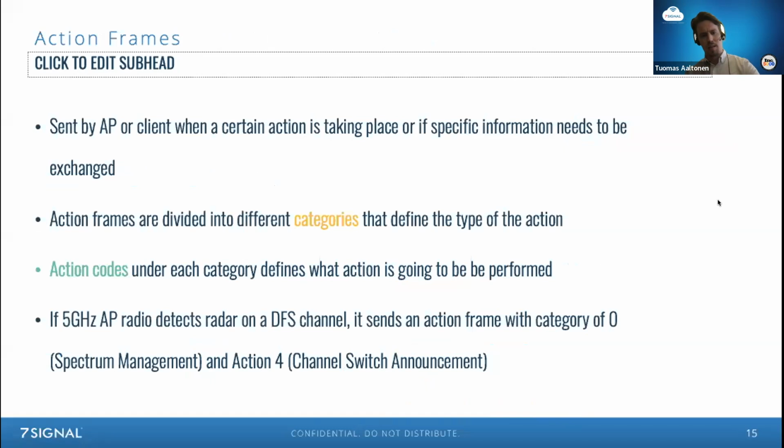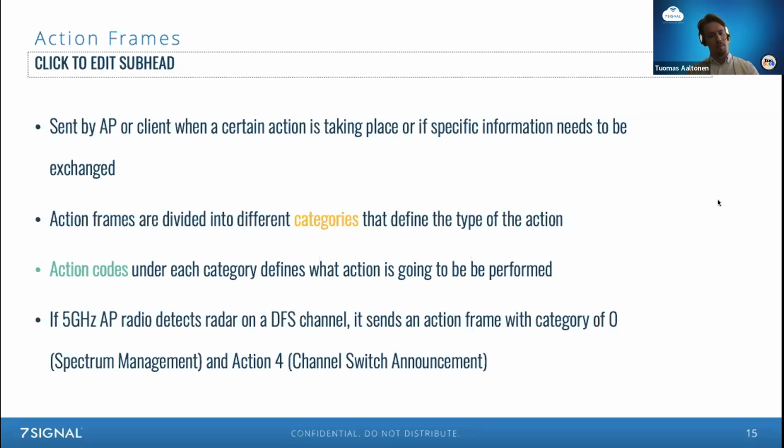And the last management frame type we have here is action frames. These are maybe a little bit less unknown compared to the previous frame types that I just discussed. But like the name suggests, action frames are when some information or action is about to happen.